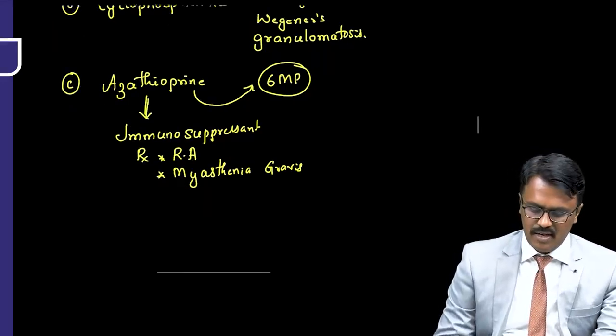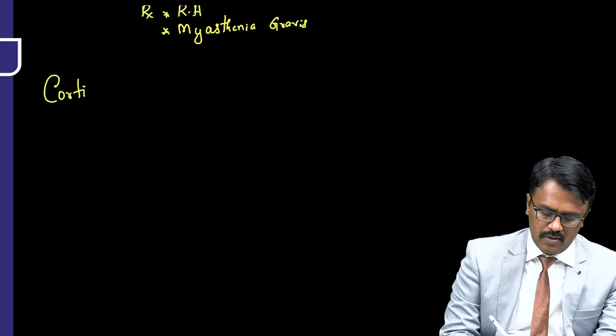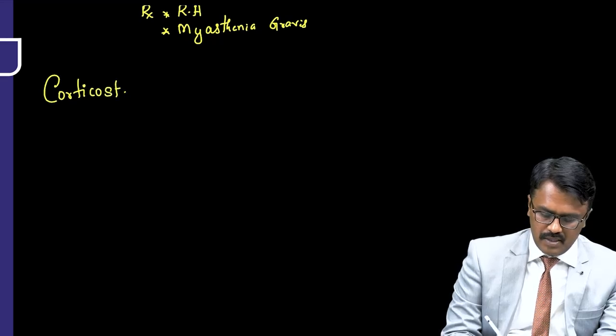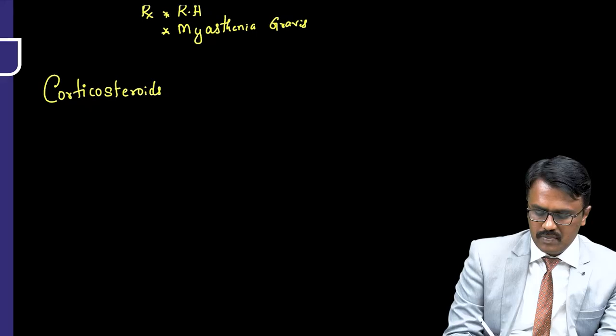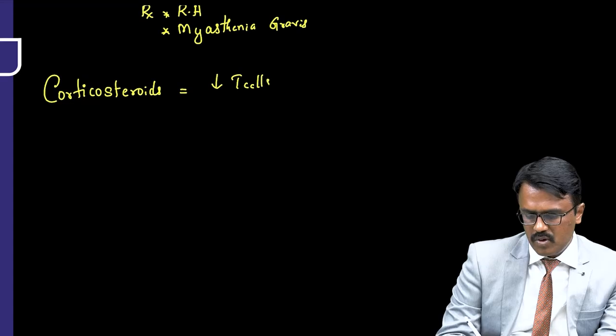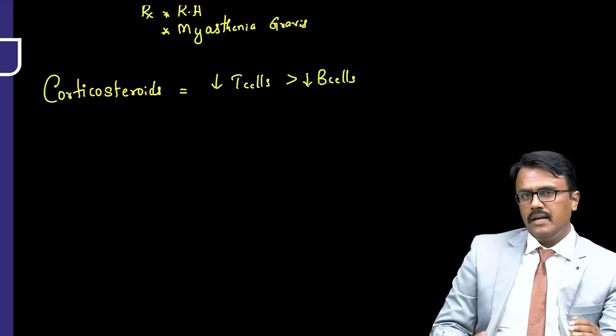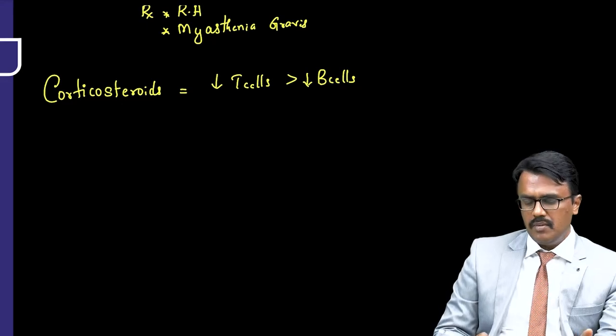Yes, we are missing one important immunosuppressant. They are nothing but corticosteroids. So corticosteroids are immunosuppressant. They decrease T cells more than B cells. So they are known to suppress mainly the cell-mediated immunity compared to humoral immunity.